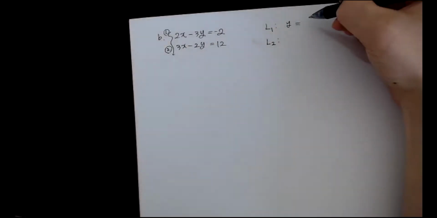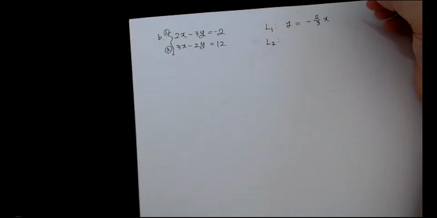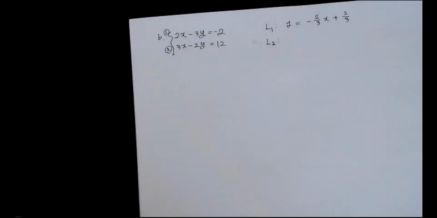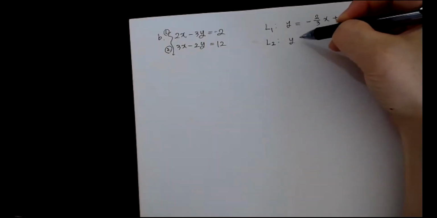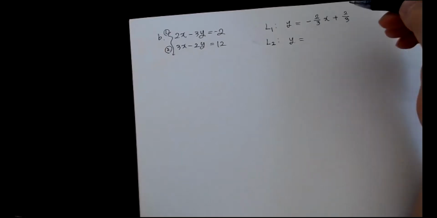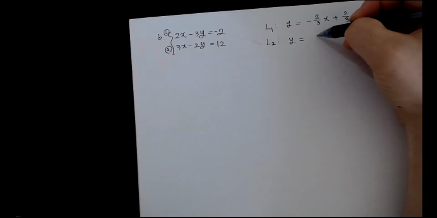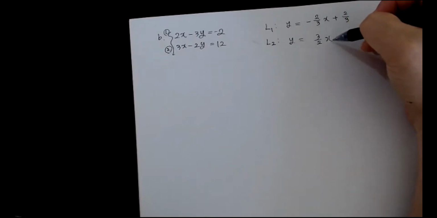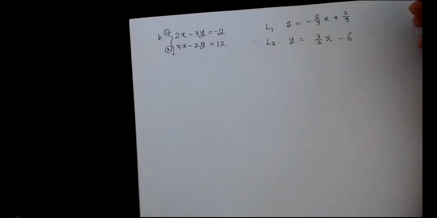So we got 2/3x plus 2/3, right? Now for L2, y is equal to 3/2x, and then minus 6.